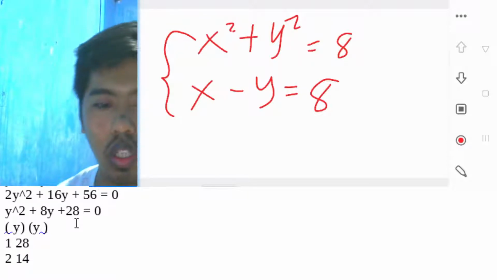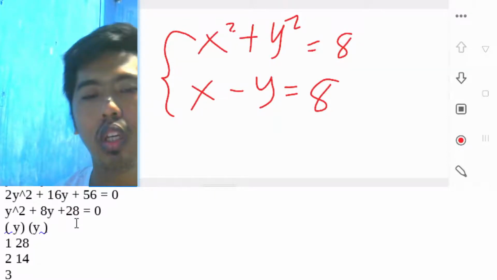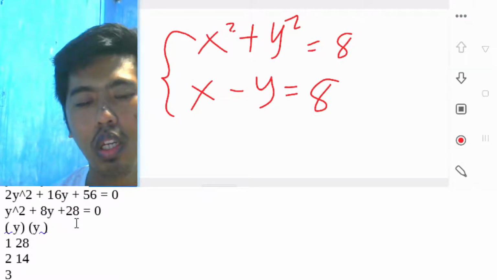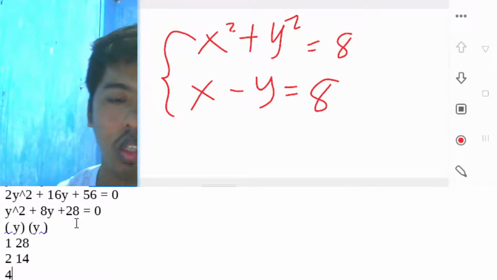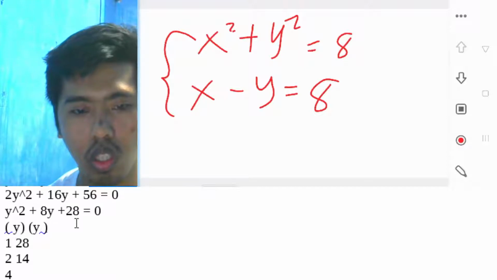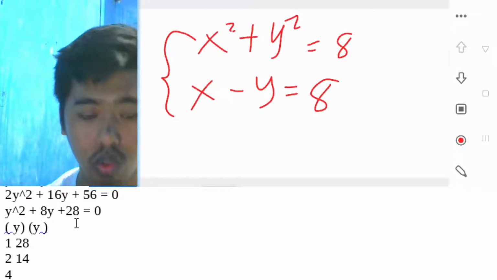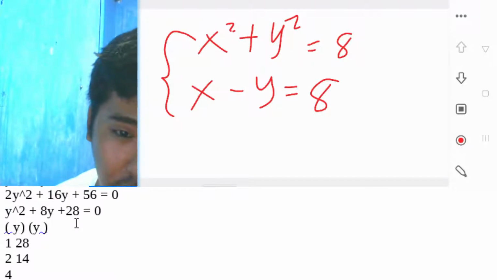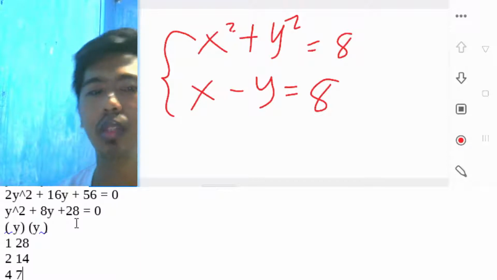Next is 3: 3, 6, 9, 12, 15, 18, 21, 24, 27. So no 3. Then 4: 4, 8, 12, 16, 20, 24, 28. So basically 4 and 7, right? Plus 7, 14, 28.